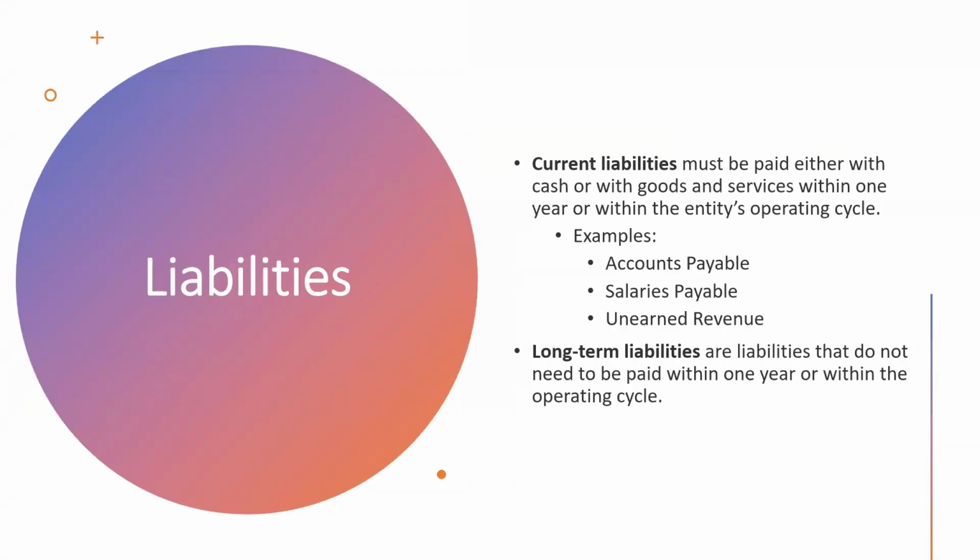Liabilities. What are current liabilities? Well, a current liability is a liability that must be paid with cash or with goods and services within 1 year or within the entity's operating cycle if the cycle is longer than a year.